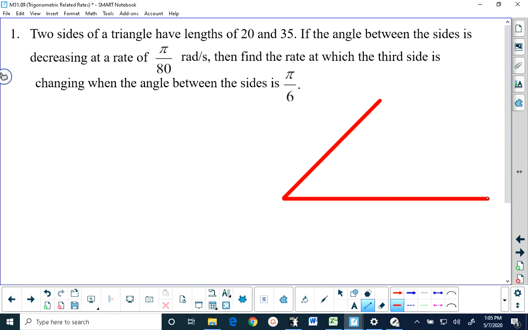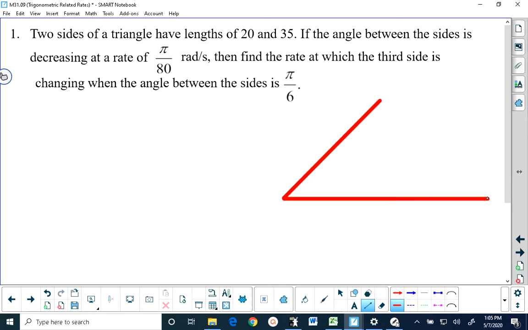Now, in any related rates problem, you are only ever allowed to use in your equations values if they are constant. So I cannot put in a specific angle into my equation here, even though it does tell me that the angle between the sides is pi over 6 radians. I need to wait until after I differentiate to use that piece of information.